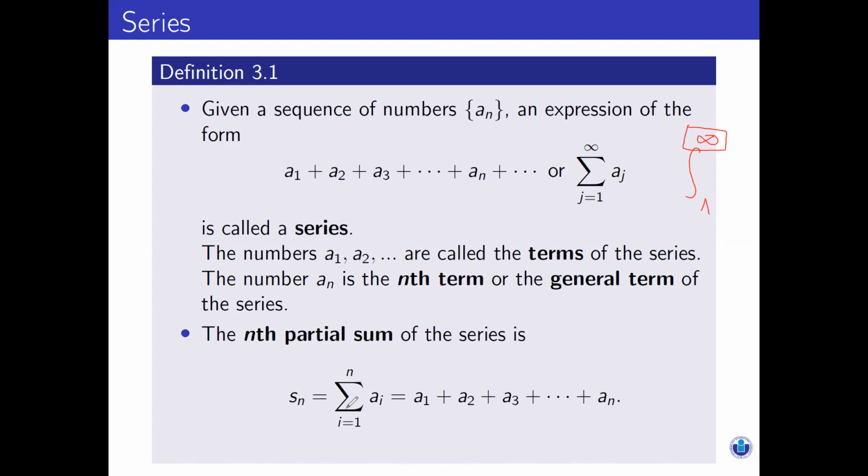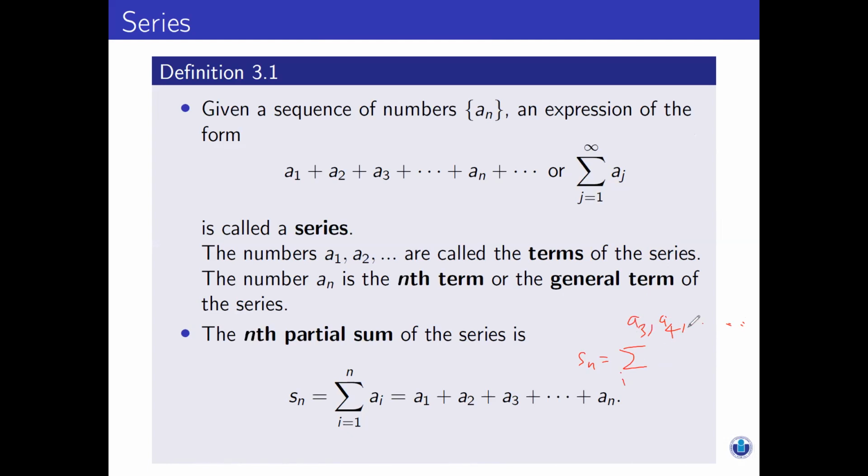So S_n is a_1 plus a_2 plus up to a_n. Just in case this happens in the future, if you have a sequence that starts at 3, for example, remember a sequence can start at any index, we still call this the n-th partial sum. The n is the index where the partial sum stops. It's not the number of terms in the series.